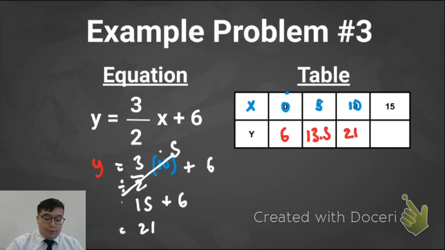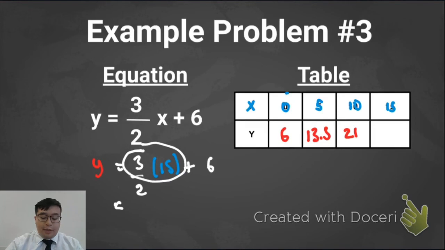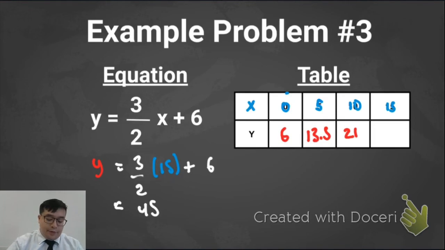And for our last point, I'm going to replace the x value with a 15. So I'm going to replace x with a 15. And I'm going to solve for y. So since 2 and 15 don't really cancel out, I'm just going to multiply the top numbers first. So 3 times 15 is going to equal 45 divided by 2.